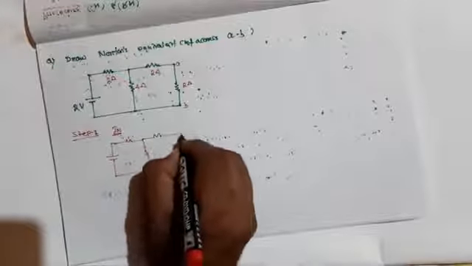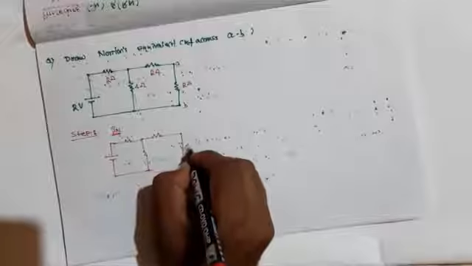So we redraw this network. This is 2 ohm, this is 4 ohm, and we short circuit AB and find this IN.